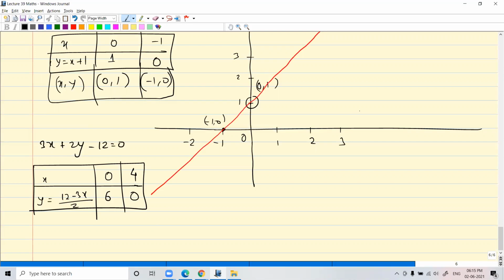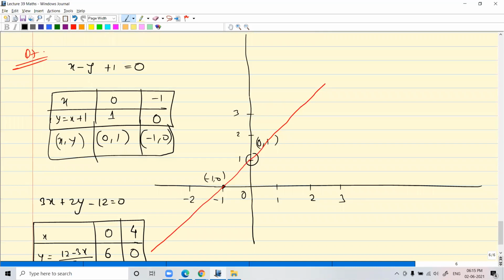So 0, comma 6. Where is 0, comma 6 to be? Somewhere here. Right, 0, comma 6. This is the one. And 4, comma 0 will be here. So when we join these two points, something like this.